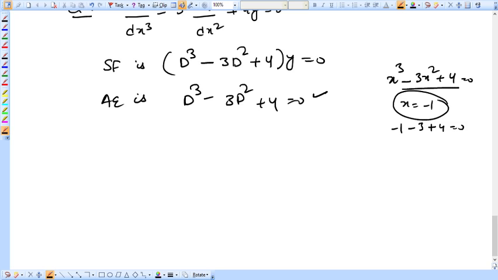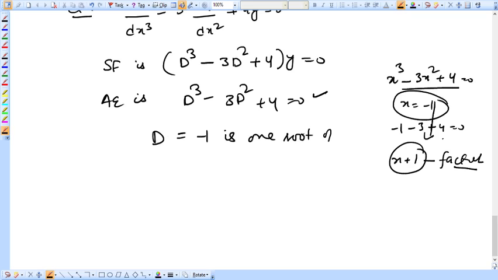It means x plus 1 would be a factor of it. So one root of the auxiliary equation is D equal to minus 1.